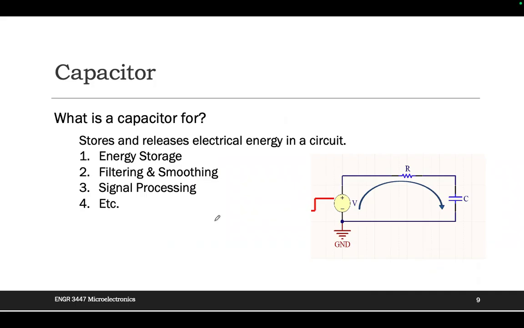Do you know the RC circuit? A very important use for RC circuits is filtering, like low pass and high pass. It can denoise, removing high frequency noise, and is used in signal processing and so on. The capacitor is very important for us.